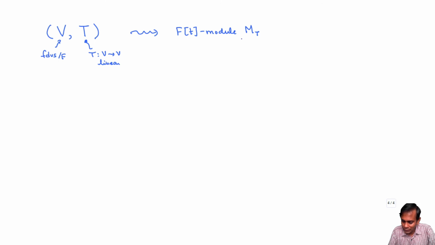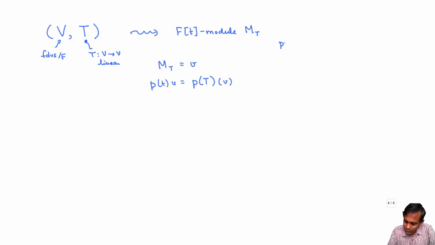As an additive abelian group, M_T is just V. And the action of P(t) on a vector v is obtained by taking this polynomial P and evaluating it at the linear operator T and then applying the resulting linear operator to v.